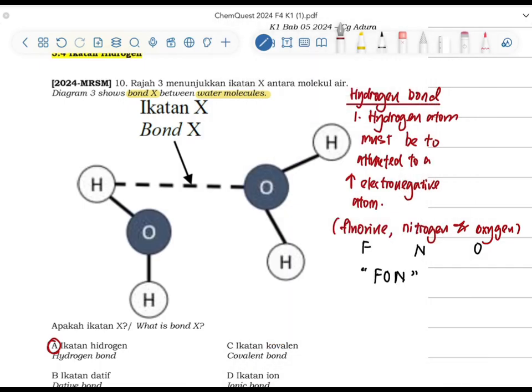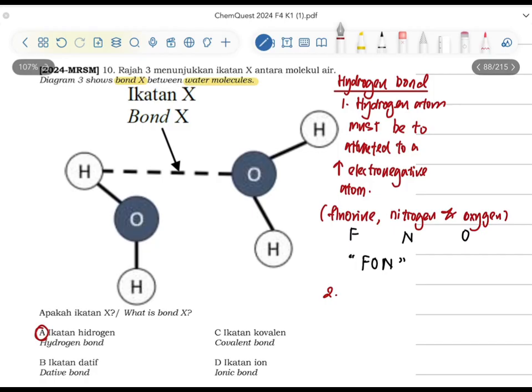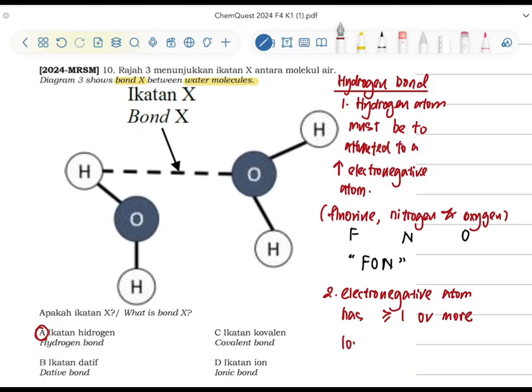And for this hydrogen bond, the bond formation relies on the electronegative atom, which must have at least one or more lone pair of electrons.